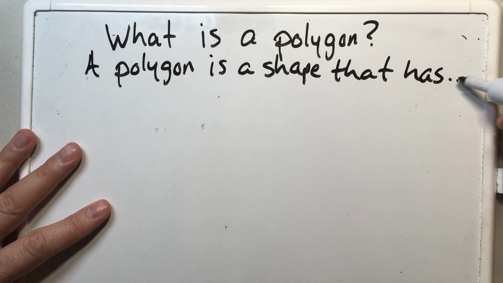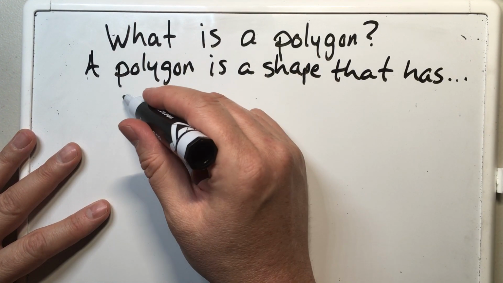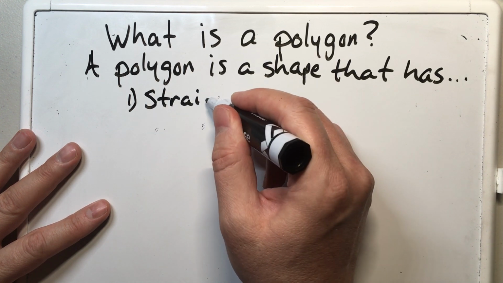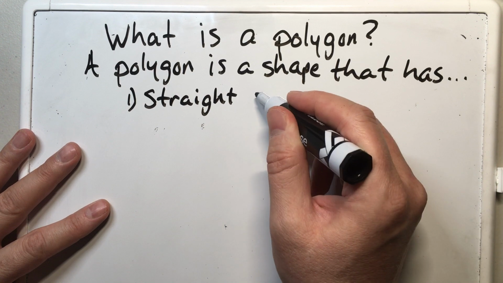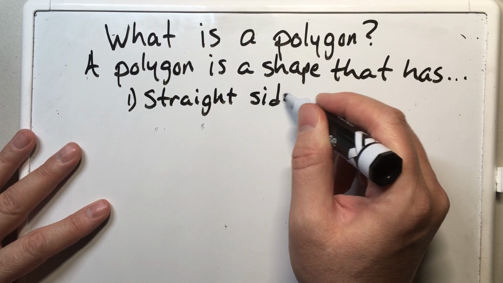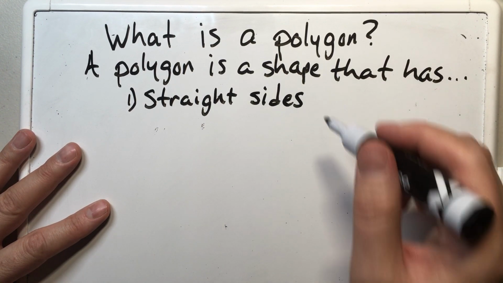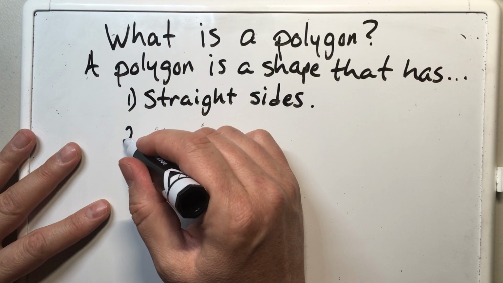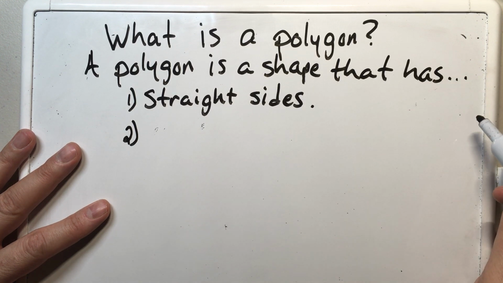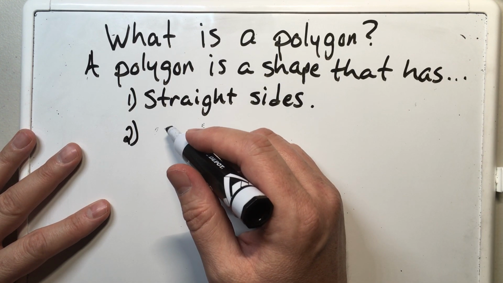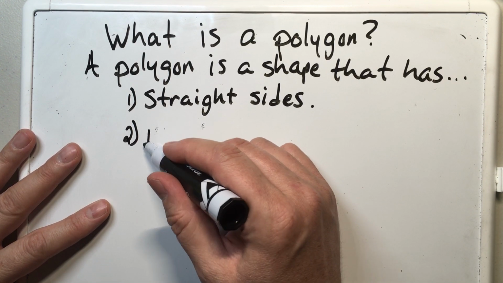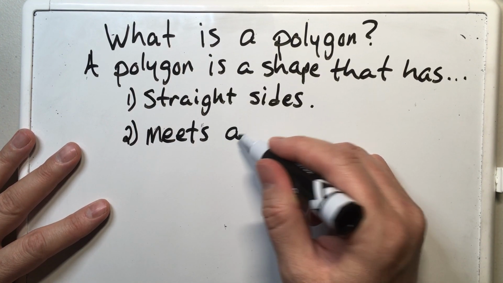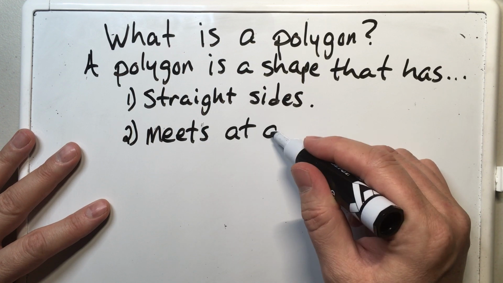Okay, first of all, straight sides, number one. No curves. Okay, secondly, a polygon is a shape that, I'm going to say this, meets at a point without an overlap.